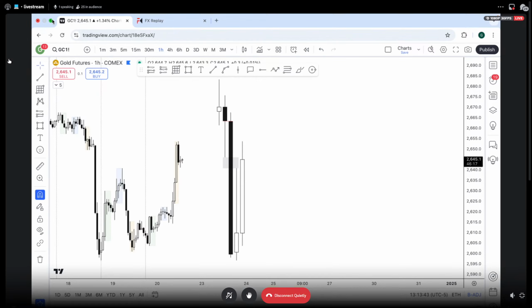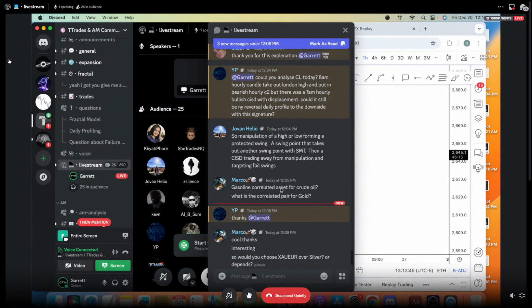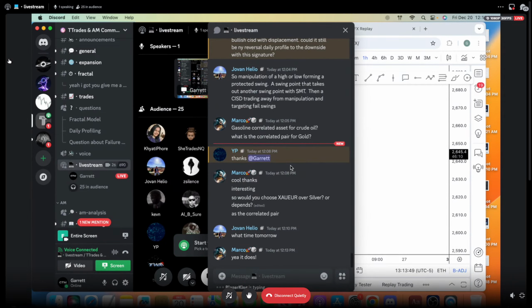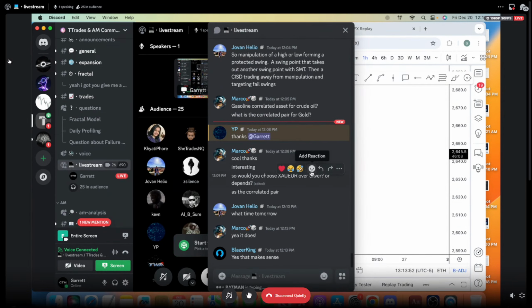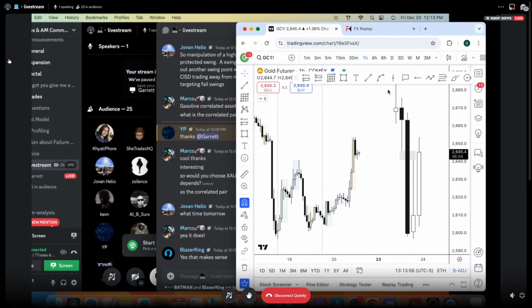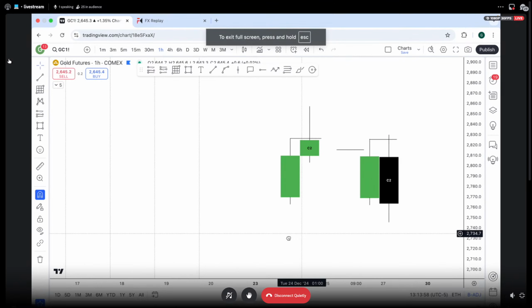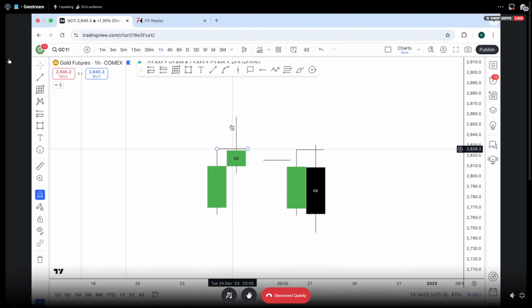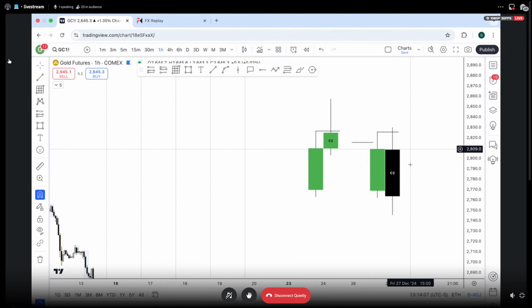Does that kind of make sense to everyone? Yeah. Okay, so basically if it has that large opposing run, that's an invalidation, so I will wait for the next candle to trade lower. And this is just going to be the regular fractal model.